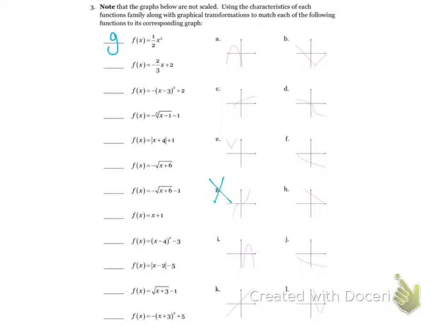Cross that one off. All right, so the next one is negative 2/3 x plus 2. So that is a line, that is a linear function. So it's either going to be H or K. And since it's negative, we're going to go with H.